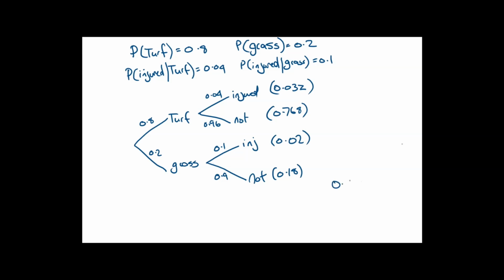So it's going to be 0.032 plus 0.02. This is the probability that they're injured out of all the students, which is going to be 0.052.